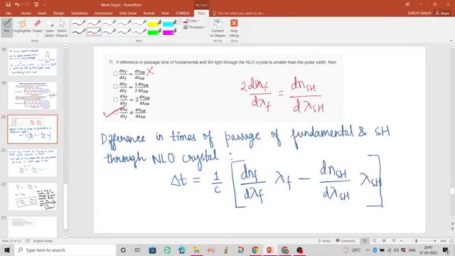Just transform this: dnf by d lambda f is equal to 1 upon 2 dnsh by d lambda sh. So 1 by 2 is the factor which will come here, which is in the second option. So the second option is also correct. The second option and the fourth option are correct for this question.